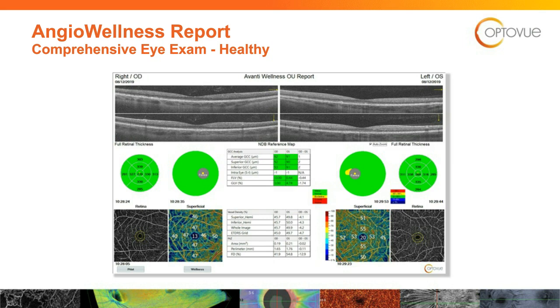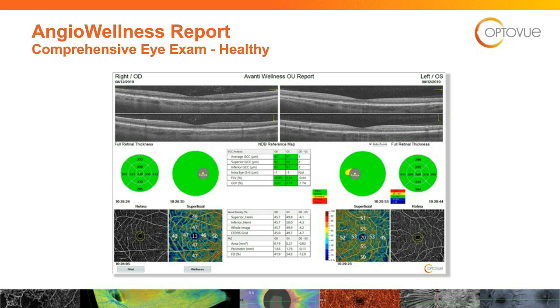So this is just a patient that came in for a comprehensive eye exam, and they opted to have the Avanti Wellness with the angiogram with it. So you get a B scan, a GCC, and the angiogram there at the bottom.